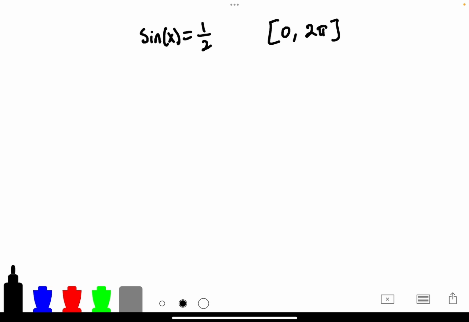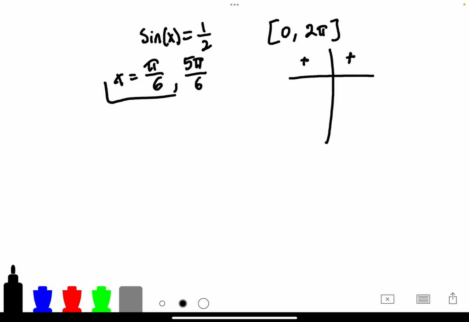That would be the pi over 6 family. Looking at our quadrants, we would also have to use the second quadrant, in which 5 pi over 6. And those would be your answer choices.